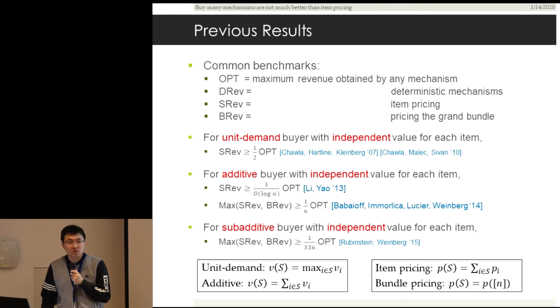There are previously numerous results on using simple mechanisms to get approximately optimal revenue in settings where the buyer's valuation functions are restricted, for example, sub-additivity, and the values for each item are independent.